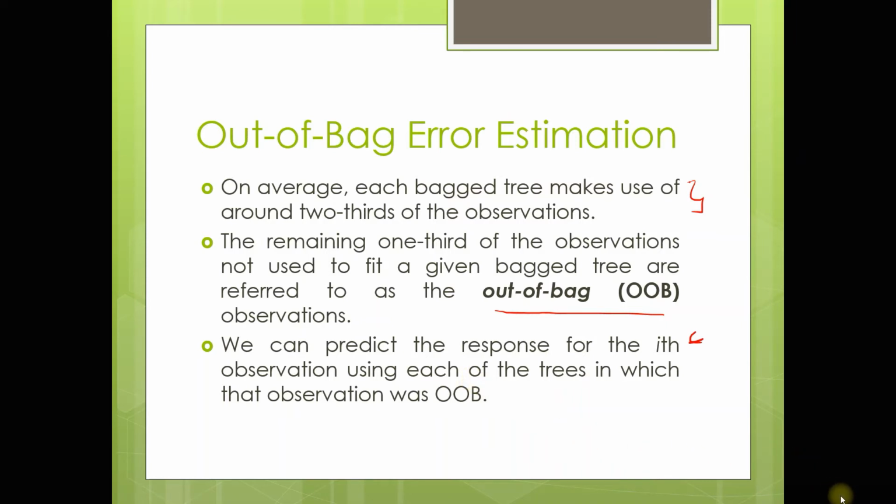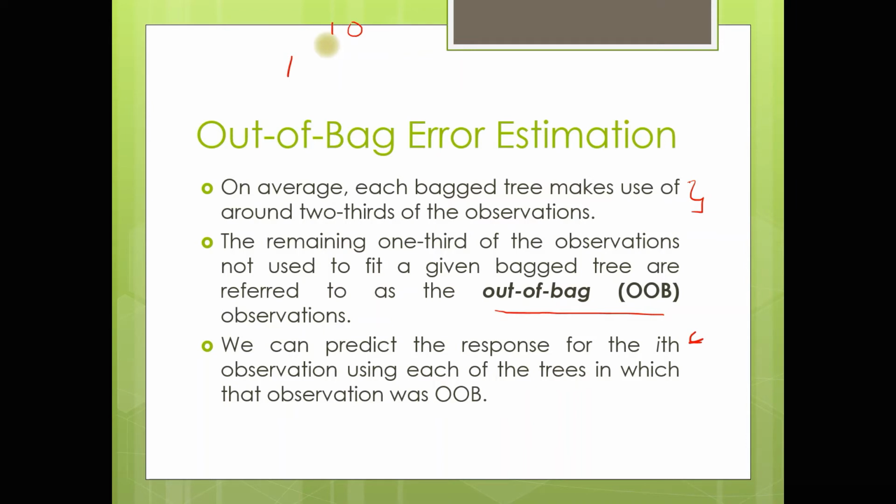So when you are fitting the trees, understand that each time this observation was not used to run the model, suppose we are talking about observation 1, and you have been applying this 10 times, you need to look at how many times this observation has not been used to train the model.